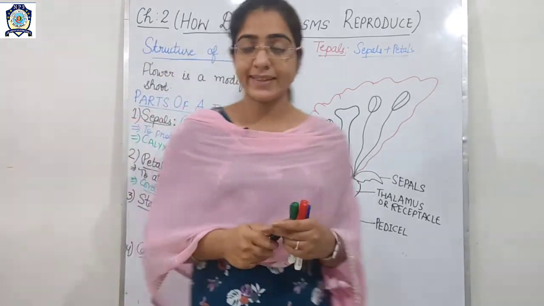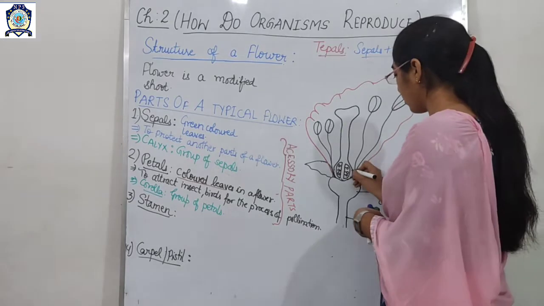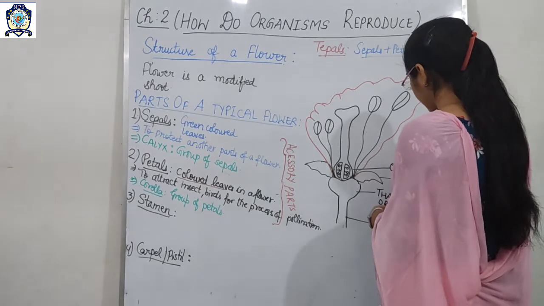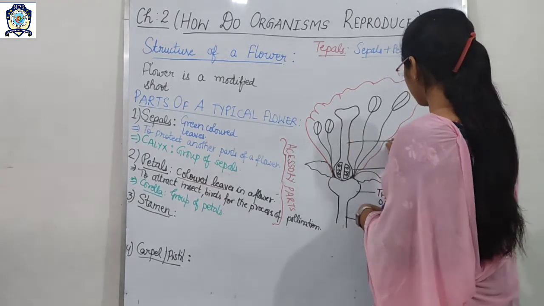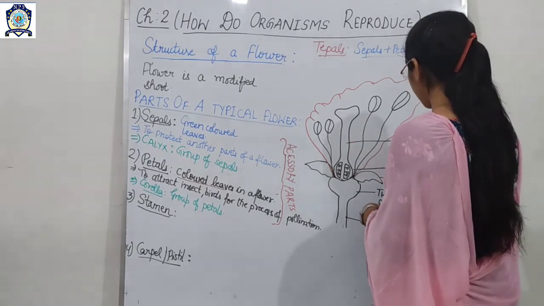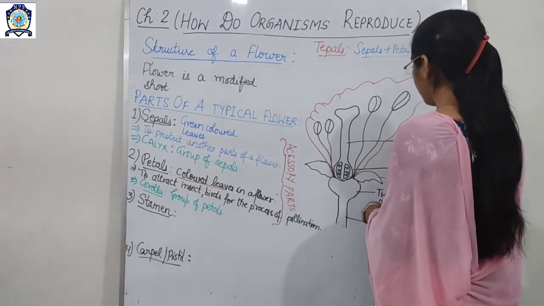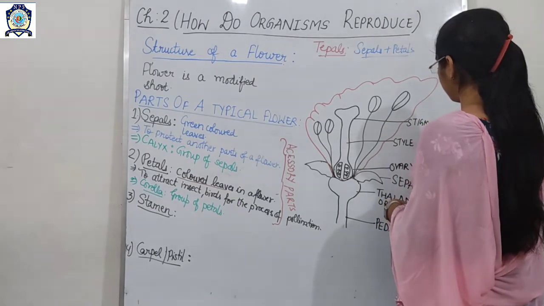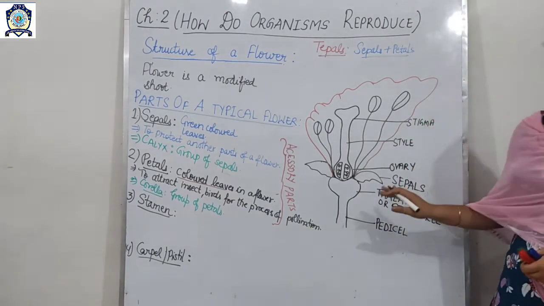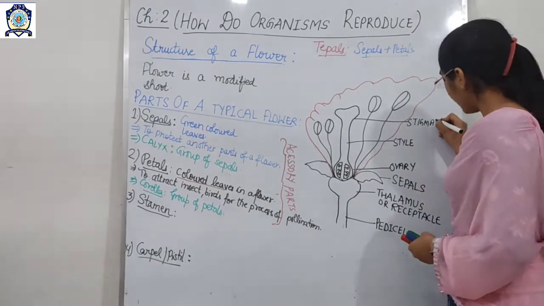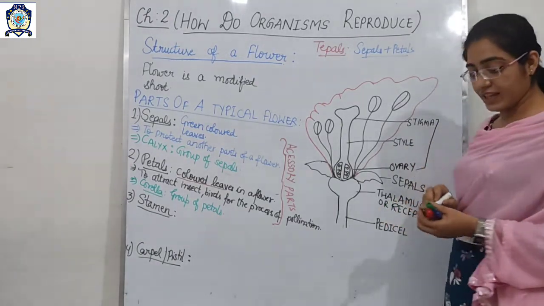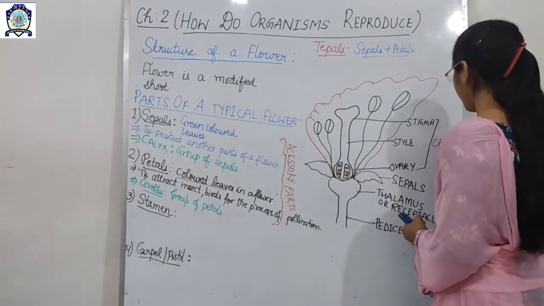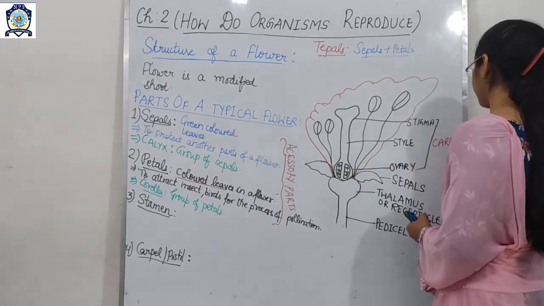So let's label it. So this portion is called the ovary. This portion is called the style, and this one is called the stigma. So a female reproductive system, and stigma, style and ovary, they form the carpel, means they are the part of the carpel.